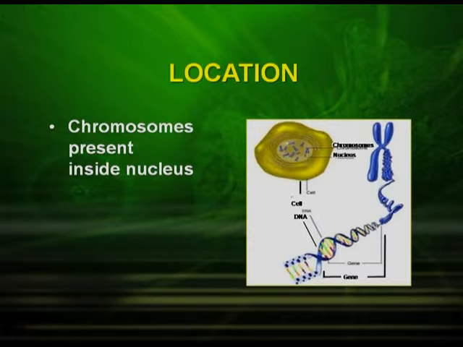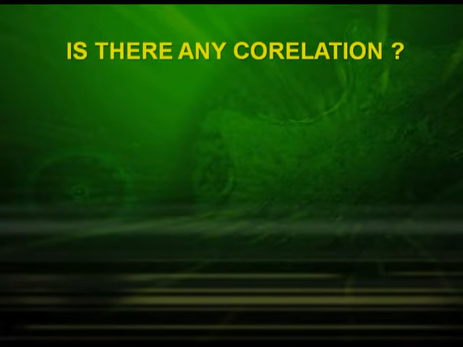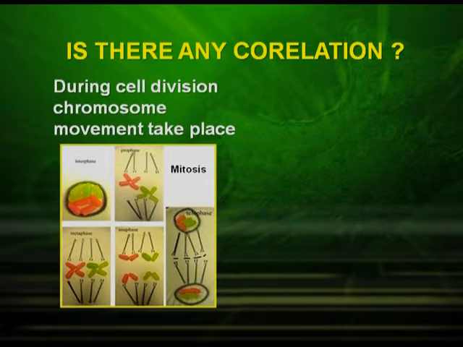A very important thing that came into the spotlight was that both the chromosomes and the genes occur in pairs. So, is there any correlation between the chromosomes and genes? Let us see. During cell division, chromosome movement takes place.